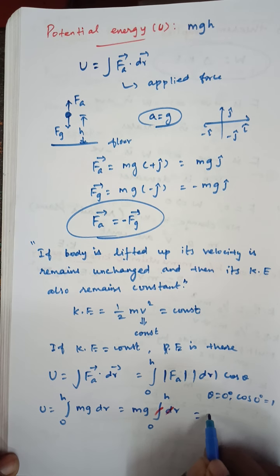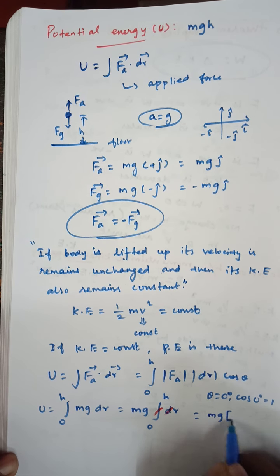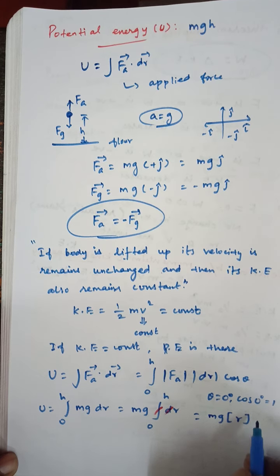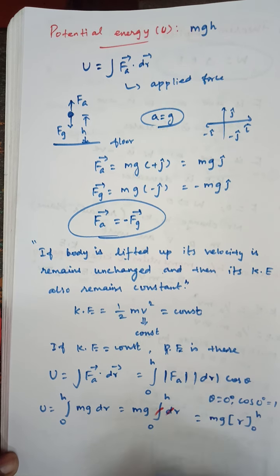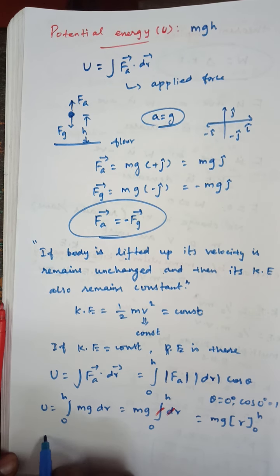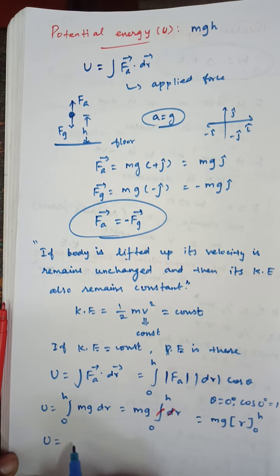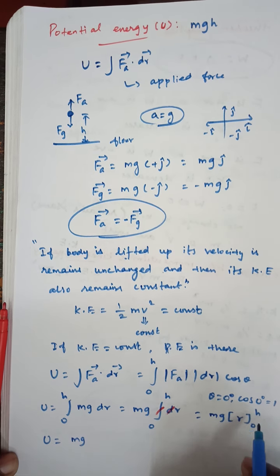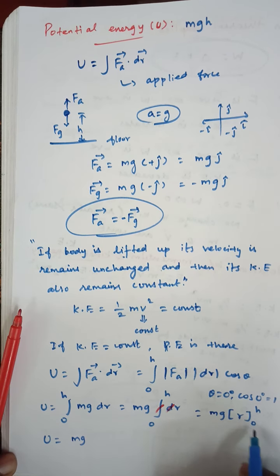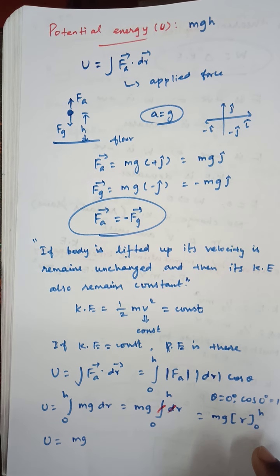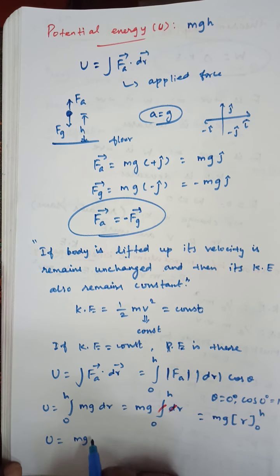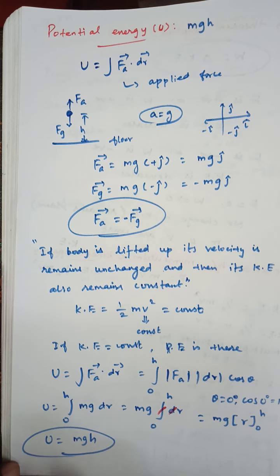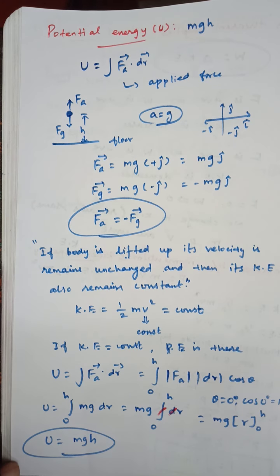Write Mg into r, whereas upper limit is h, lower limit is 0. Therefore U is equal to Mg into upper limit h minus lower limit 0, so Mgh. That is the formula for what? For potential energy.